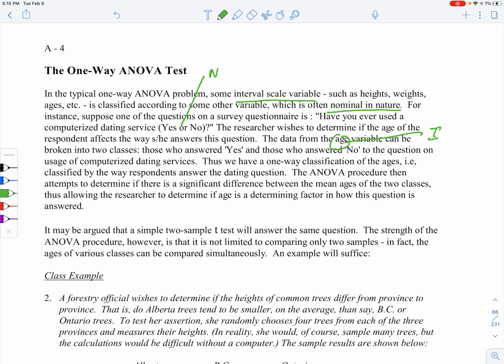By the way, when you're dealing with just two categories of the nominal variable, like a yes/no, there may be a better test to use. So we're going to be looking at two sample tests in the next unit. But we'll also find that there's a certain type of two sample test which is a subset of ANOVA tests, and so we can use that.